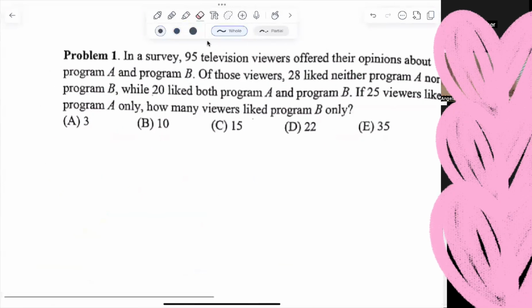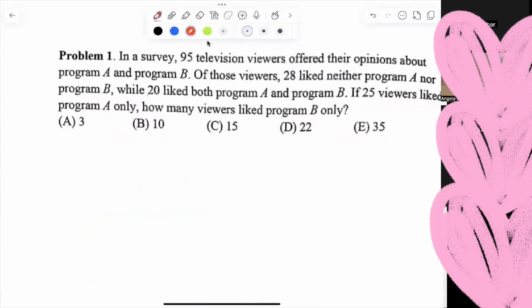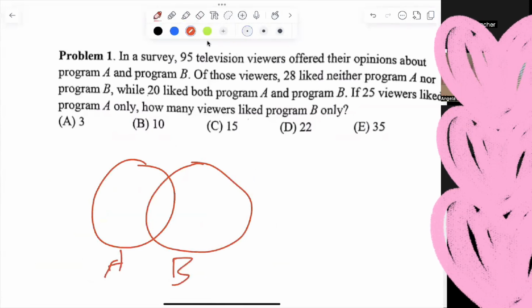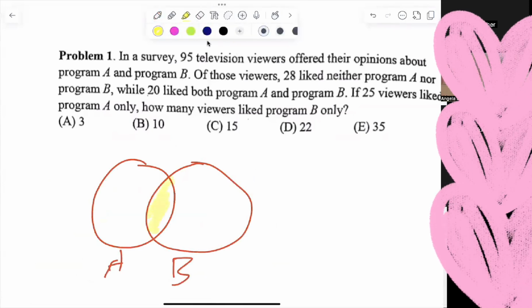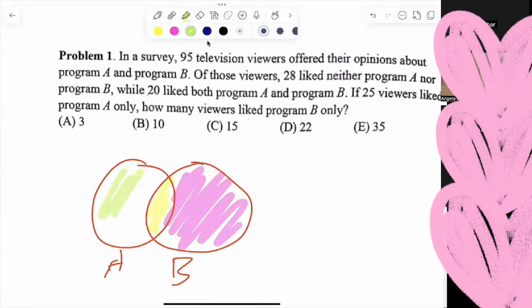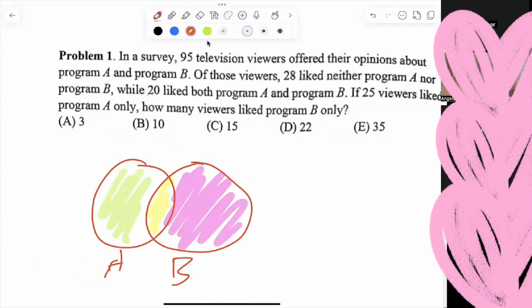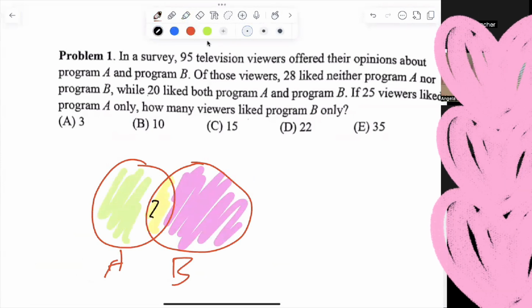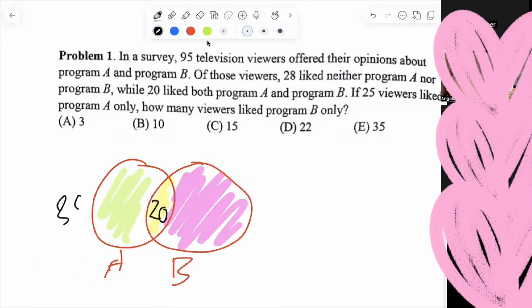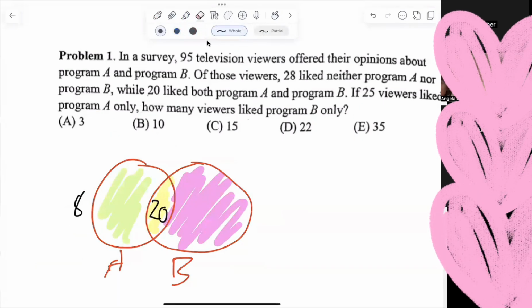Since we know that, now we're just gonna look at this. Remember we had this intersection. We're gonna find B. I already know these areas. Right? So we know that 20 are in this. 28 are outside. Oops, my bad.